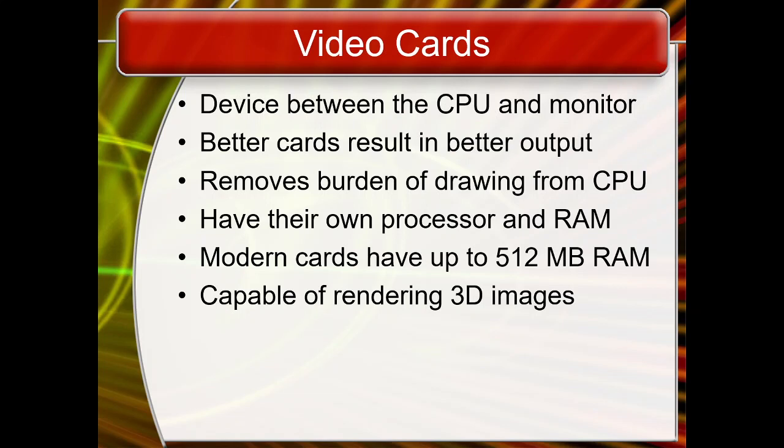It removes the burden of drawing from the CPU, and has its own processor and RAM. Nowadays we see that GPUs, graphic processing units, are very efficient in higher processing. So these are quite old specifications. Nowadays we have much better specification GPUs.